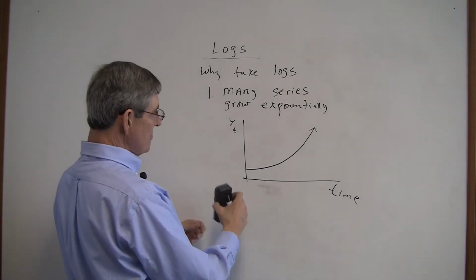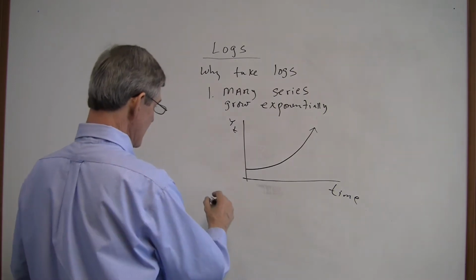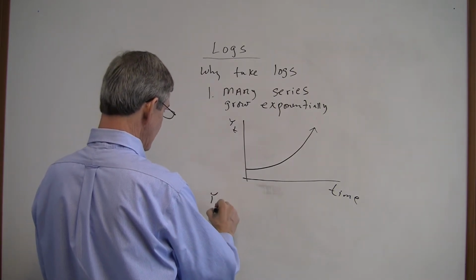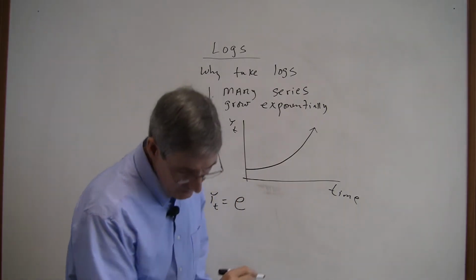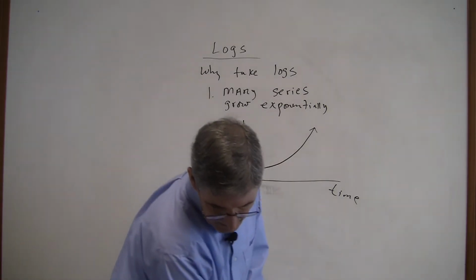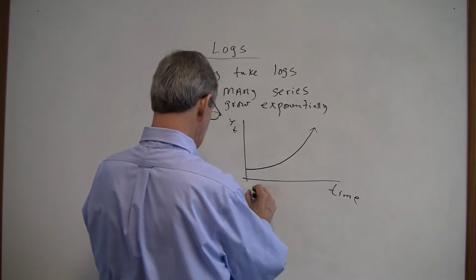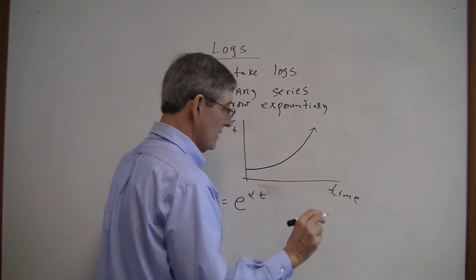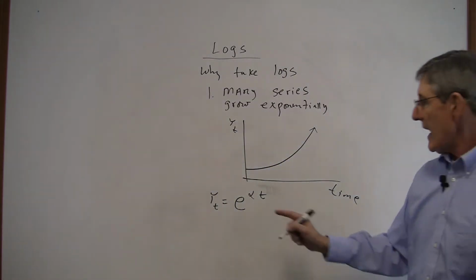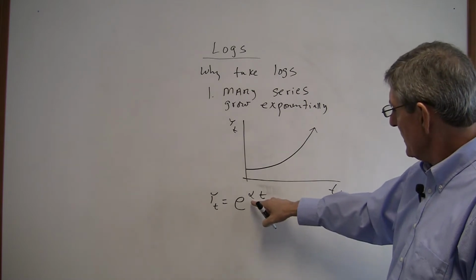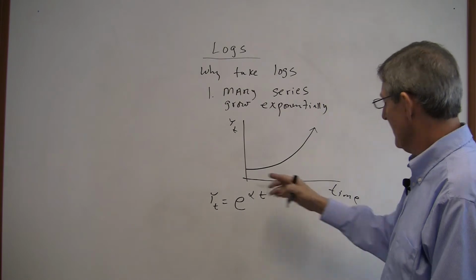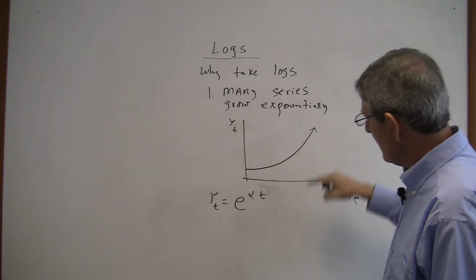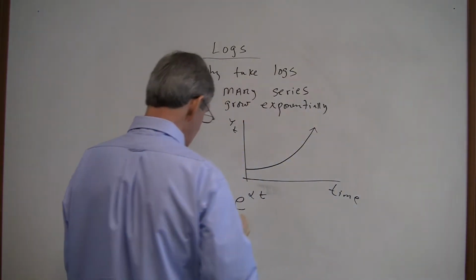And so you could model this as Y_t equals e to the alpha t. This alpha is the growth rate. If it was 3%, you'd have a 3% here. You could generate this on the computer.